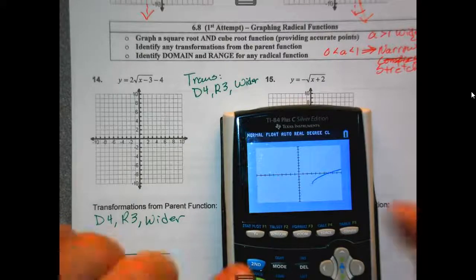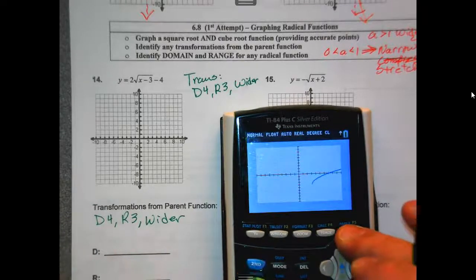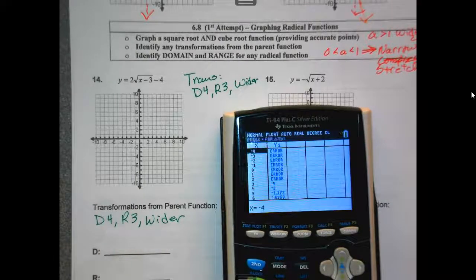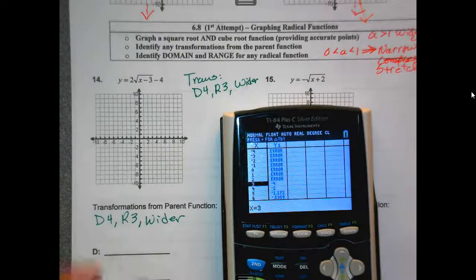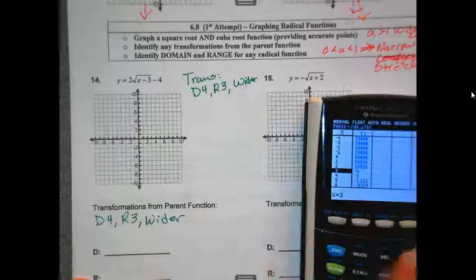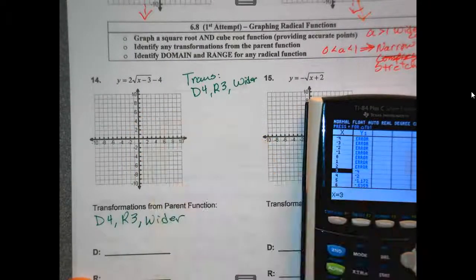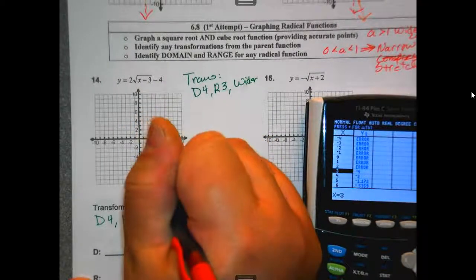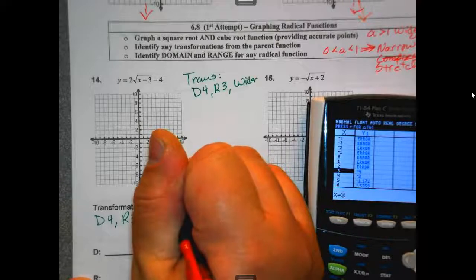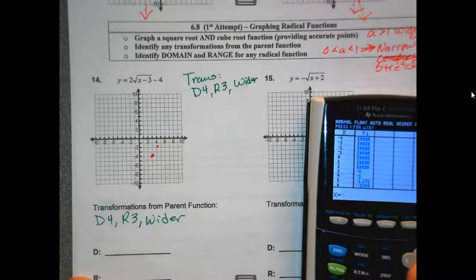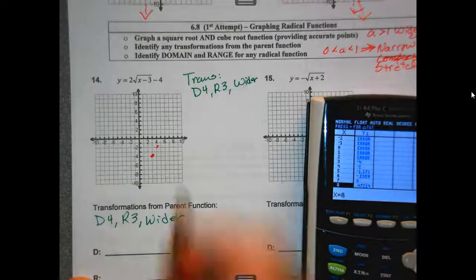Okay, let's get our HK. Should be positive 3, negative 4. And there it is, positive 3, negative 4. Some good points: 4, negative 2. And one more, 7, 0.